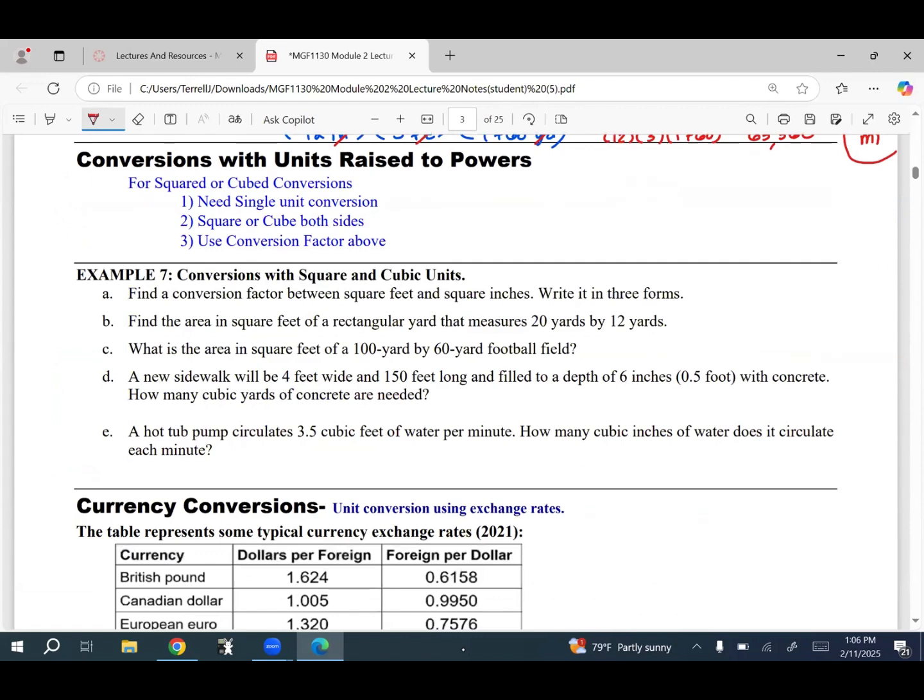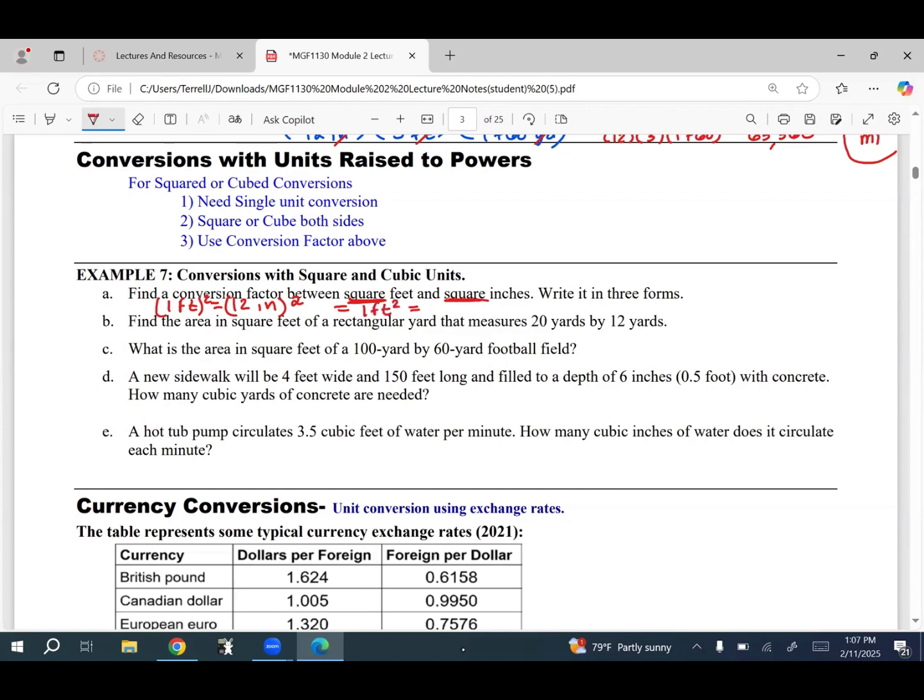If we know 1 foot is 12 inches, to get square feet and square inches, we're going to square this and square that, meaning raise it to the second power. When I do that, 1 squared is just 1, and you square the units.